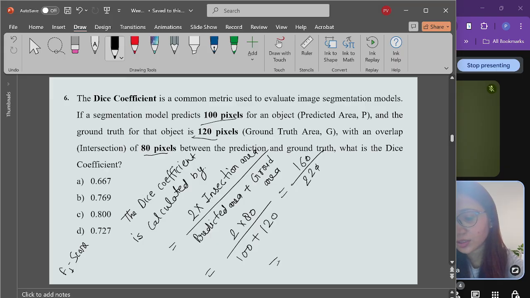If you further divide it, you will get 0.72727. So 0.727 is our Dice coefficient. If you match it with the answers, option D is the correct answer for this question.